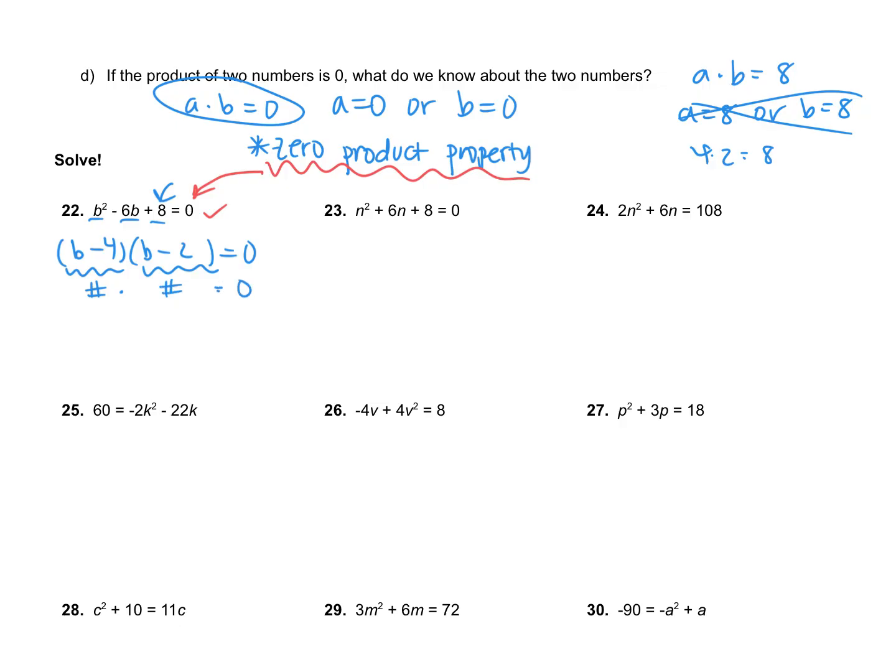And when we multiplied them, we got 0. The only way that that would happen is if that b minus 4 equals 0, or if the b minus 2 equals 0. That's the only possibility. So we get b equals 4, and we get b equals 2.